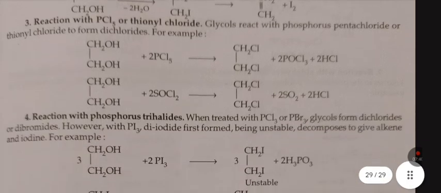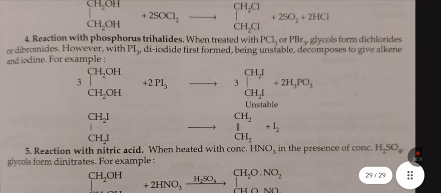Reaction with PCl5 or thionyl chloride. Glycol reacts with phosphorus pentachloride or thionyl chloride to form dichlorides. Reaction with phosphorus trihalides. When treated with PCl3 or PBr3, glycol forms dichloride or dibromide.